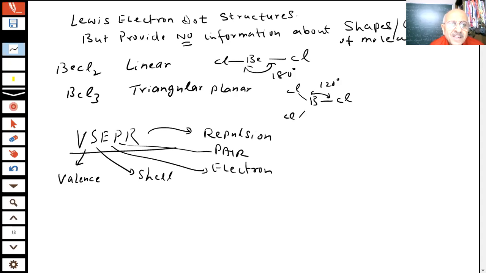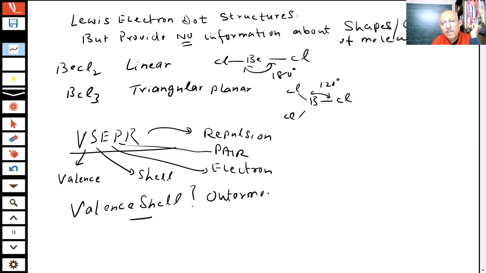Valence shell electron pair repulsion theory. That means in the valence shell, what is the valence shell, student? I have been telling there is a valence shell. What we said, the outermost shell.